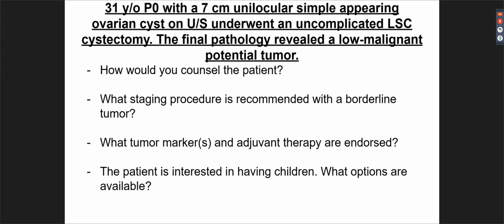So she can have ovulation induction for egg freezing. How about not for egg freezing, just to try and get pregnant? I would believe that would be okay too. Okay.